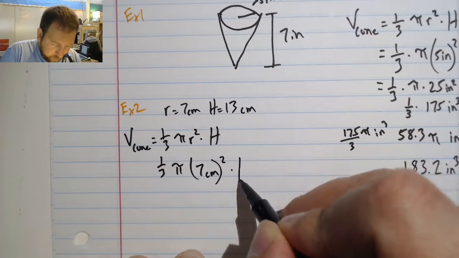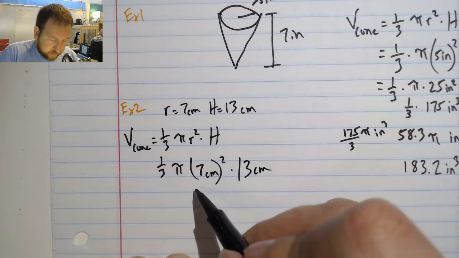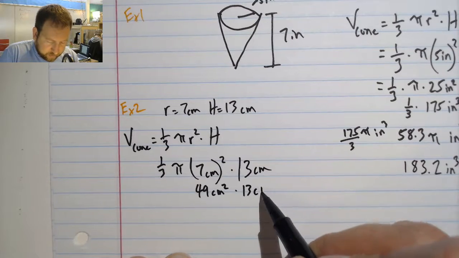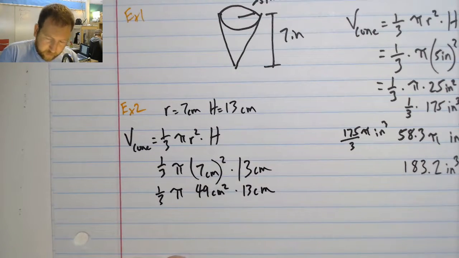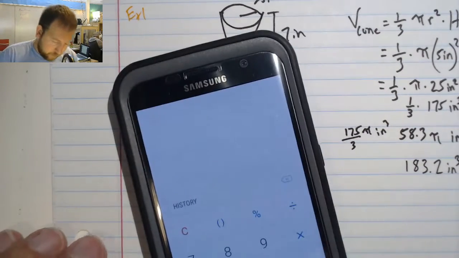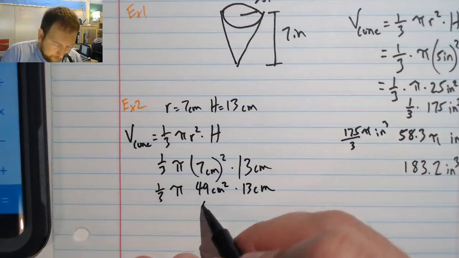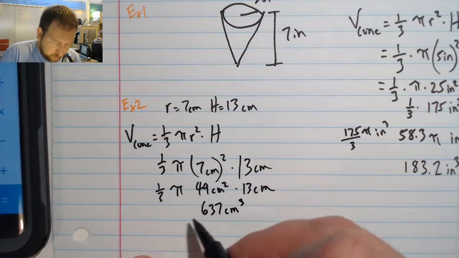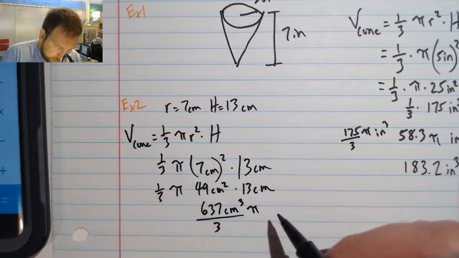Squared times 13 centimeters. 7 squared is 49 centimeters squared times 13 centimeters. 1/3 pi, 49 times 13. 49 times 13 is 637. I have 637 centimeters cubed divided by 3 times pi.